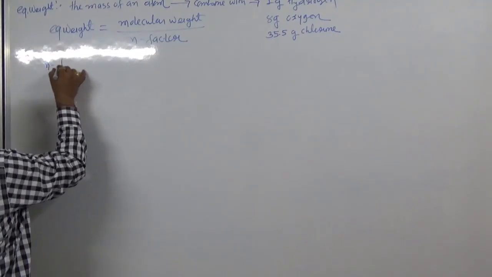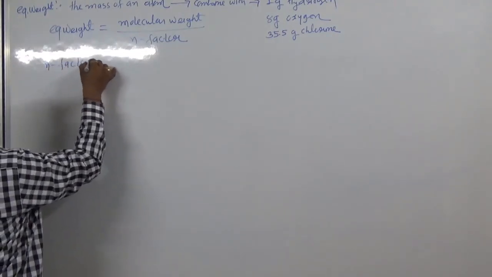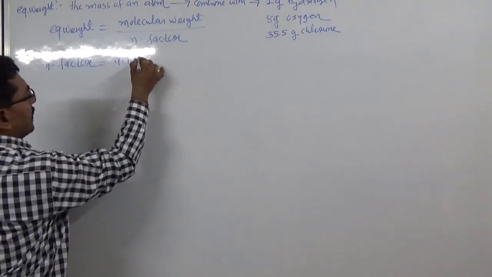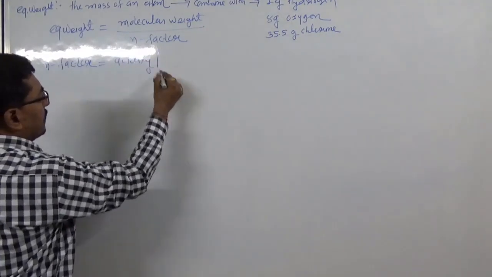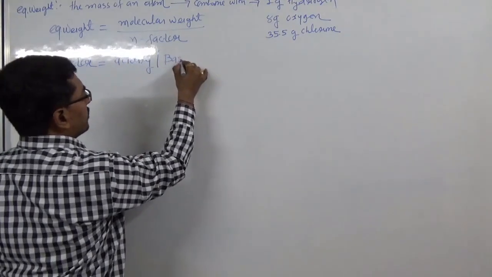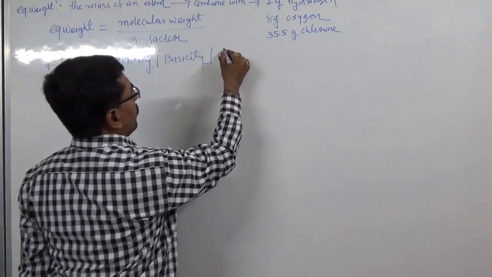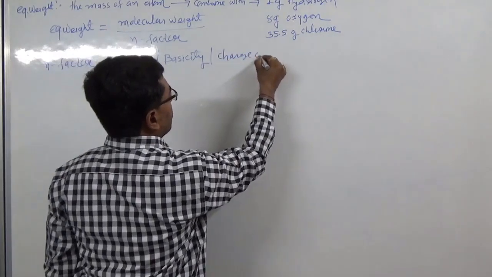Then n factor, for a base, is nothing but acidity, or we can say it is basicity, or it is the charge of a cation or anion.